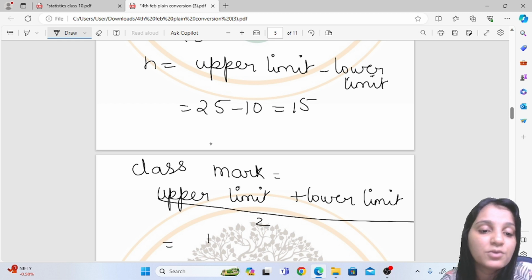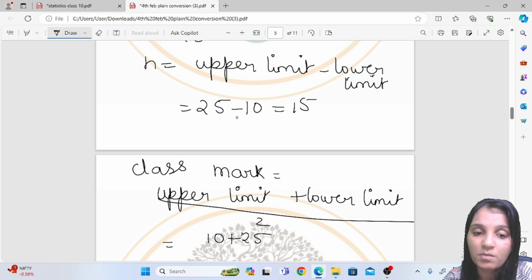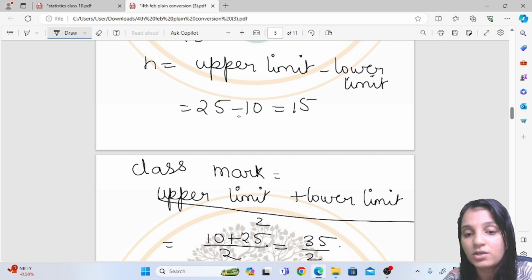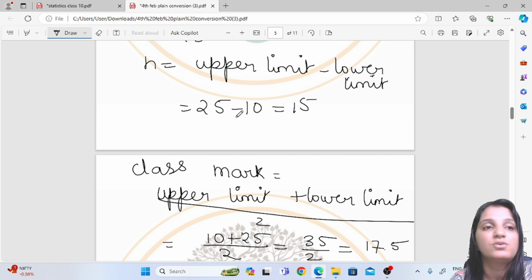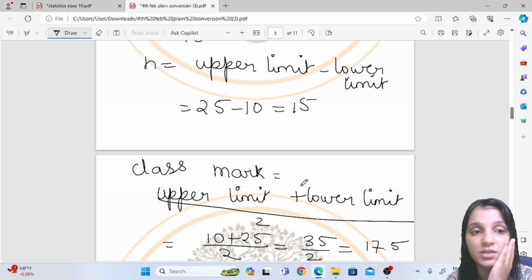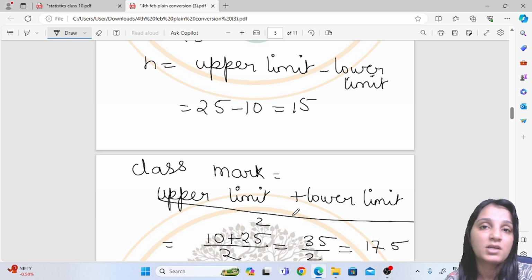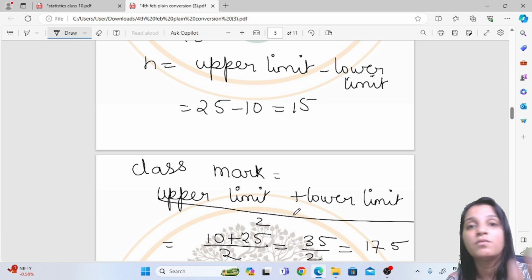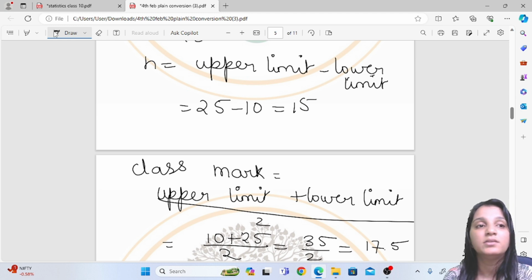Now for this particular class interval, 10 plus 25 upon 2, which will be 35 upon 2, and your class mark is 17.5. So this is how we calculate class mark. So MCQs will be asked on this, like what is the class size or what is the class mark of a particular class interval. So you can find by this.